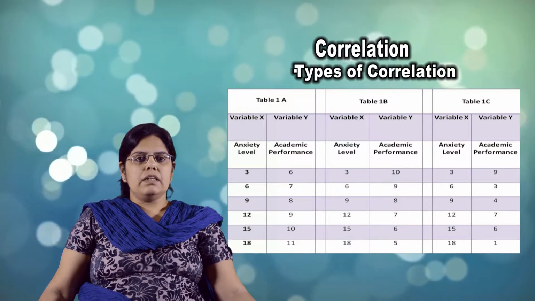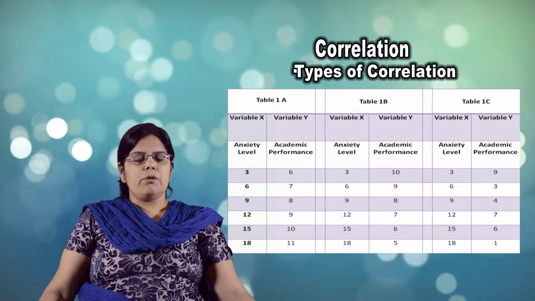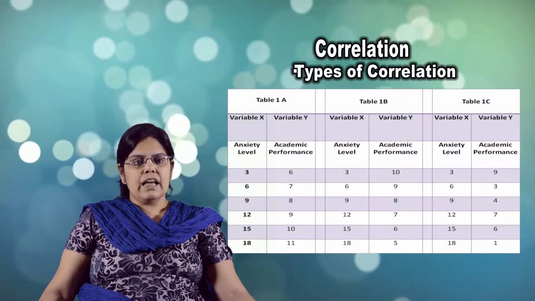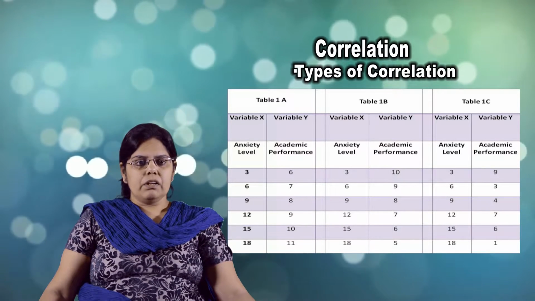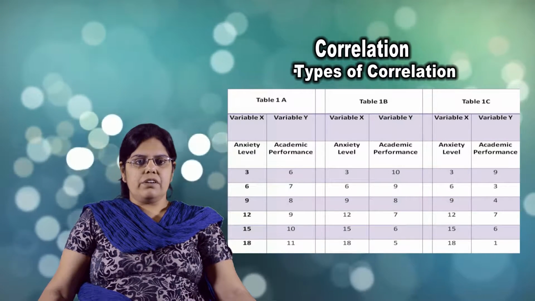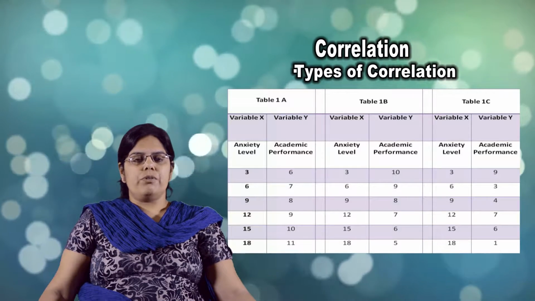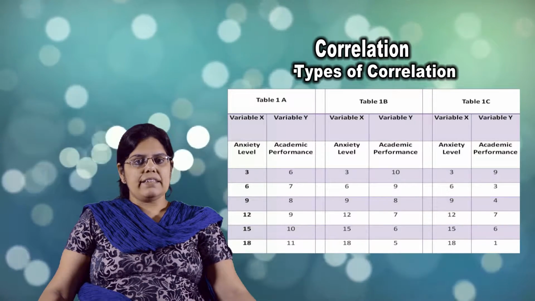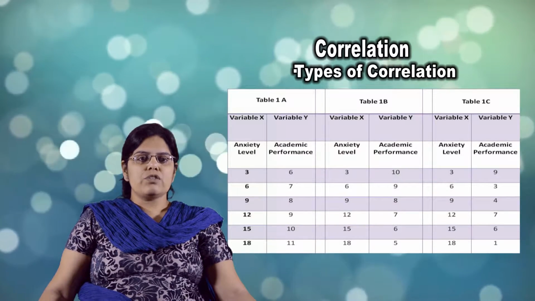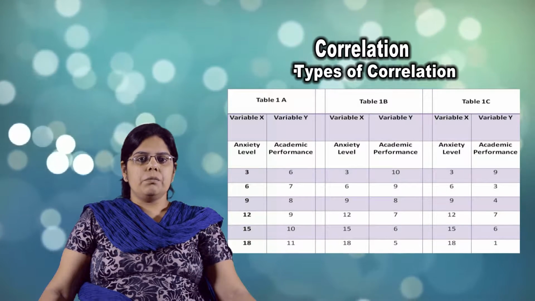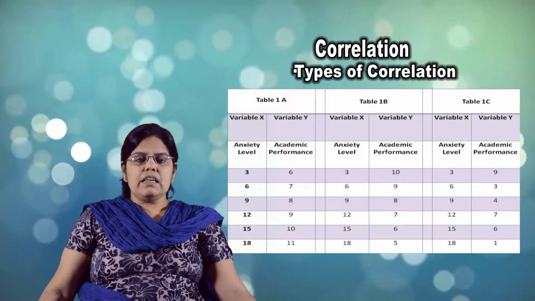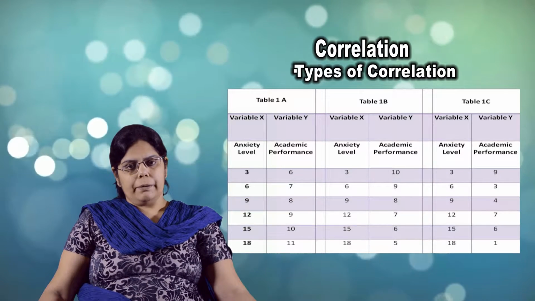See the three tables given below to show three possible kinds of relationship that may exist between variable x and variable y. The data in table 1a indicates a positive relationship or a positive correlation between variable x and variable y. It means that the higher scores on x are paired with the higher scores on y, and the lower scores on x are paired with the lower scores on y.